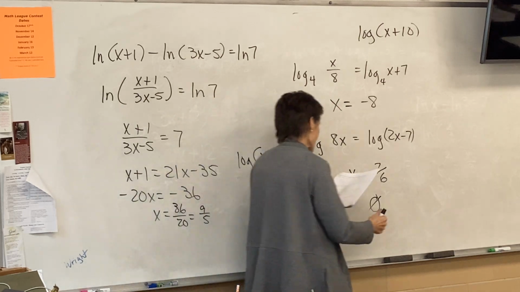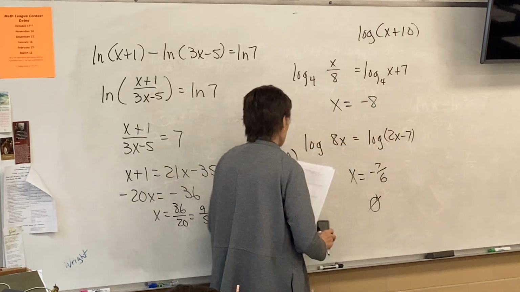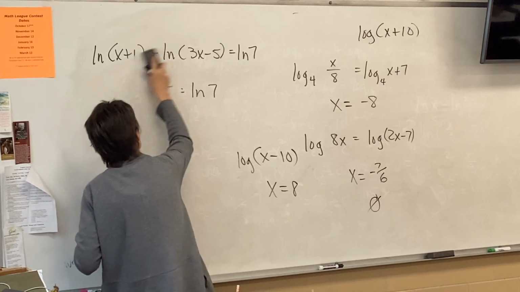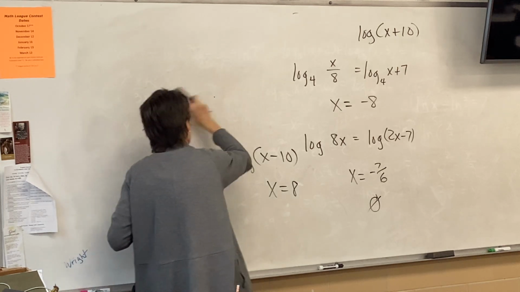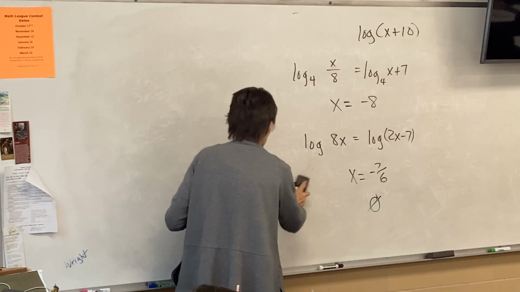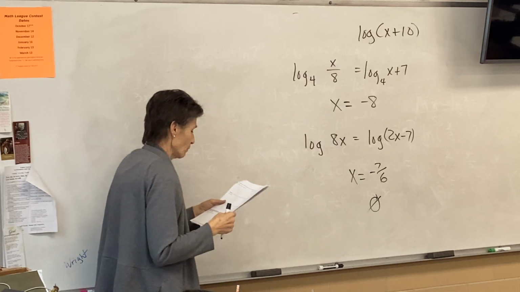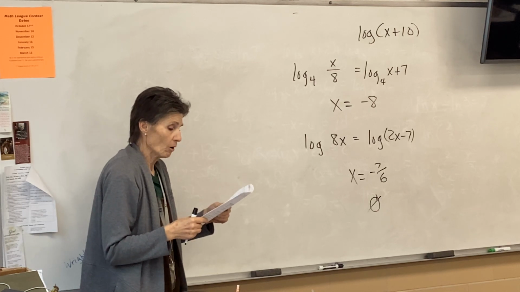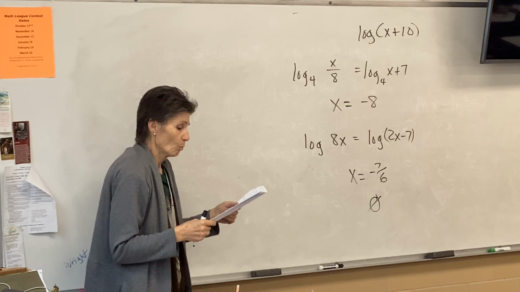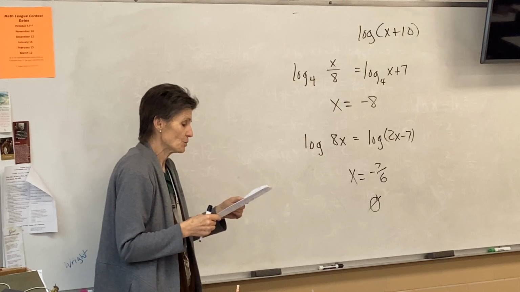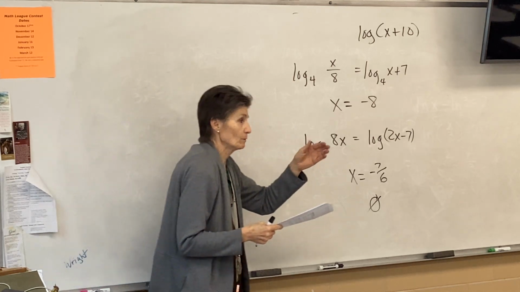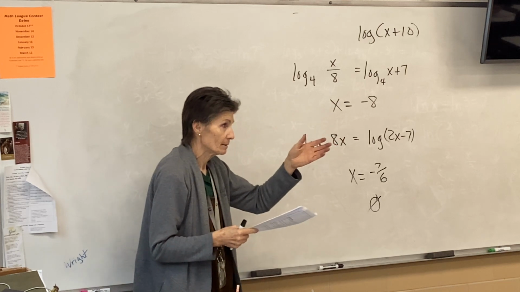Example 5 looks so complicated, so hard, but it isn't. What are we going to do with example 5? Find all the values of x where the graphs of f and g intersect. Now, we're not talking about literally graphing them.